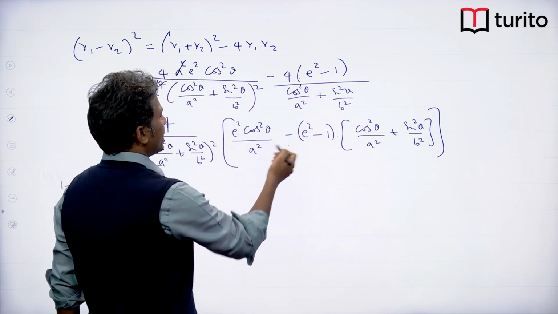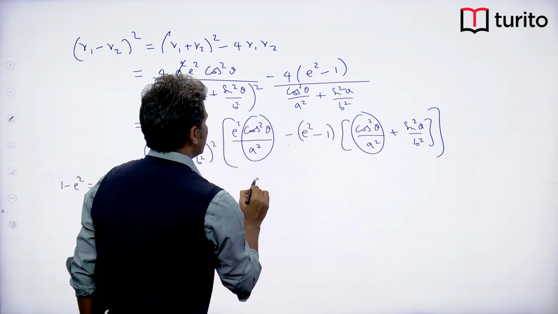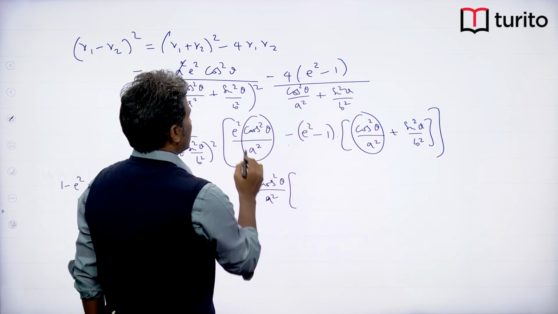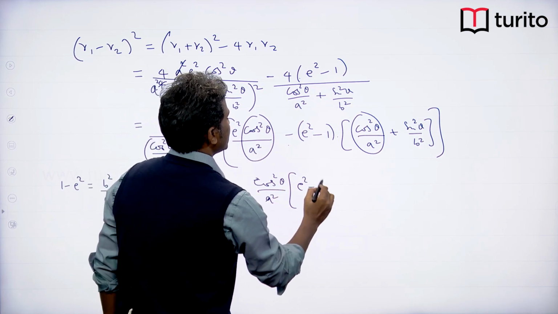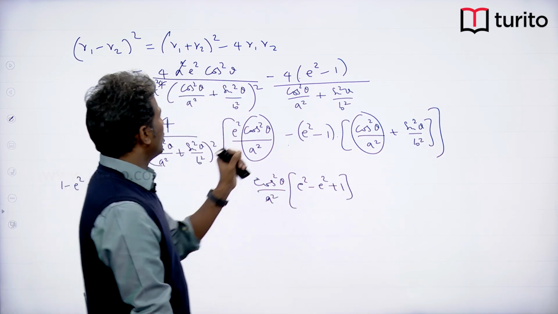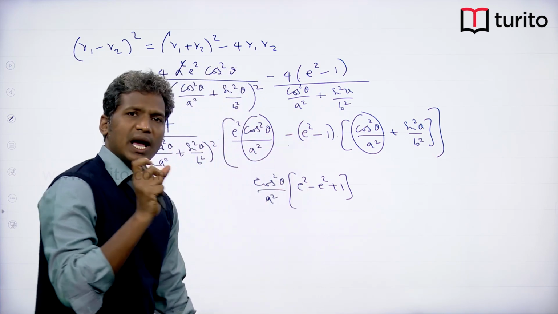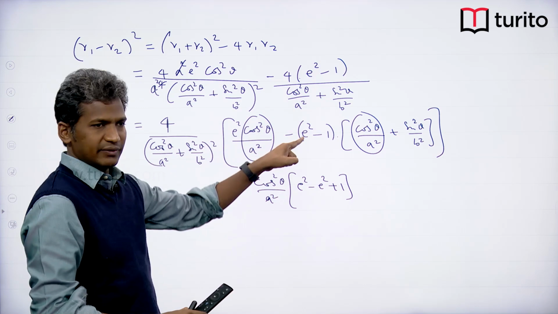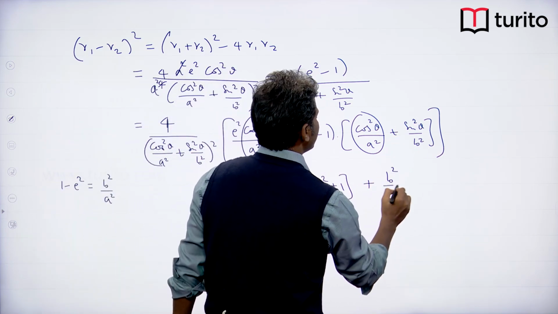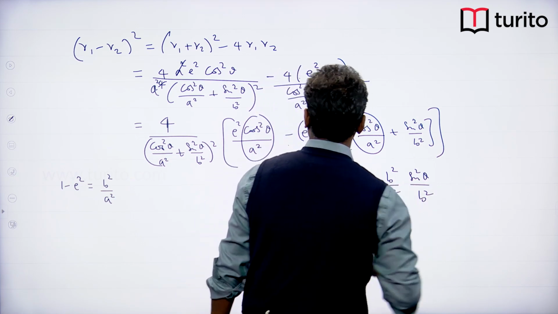So, if I take this term common here, I will be getting E square minus E square plus 1. I hope you have noticed this. And also here when I write E square minus 1 as B square by A square, the next term is going to be B square by A square into sin square theta by B square.